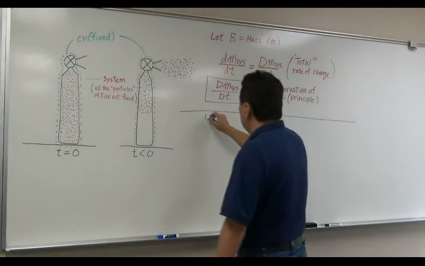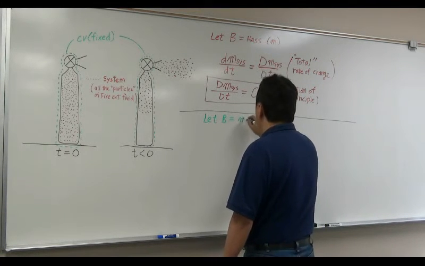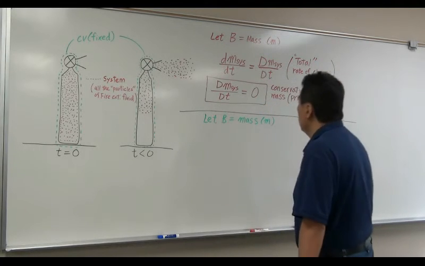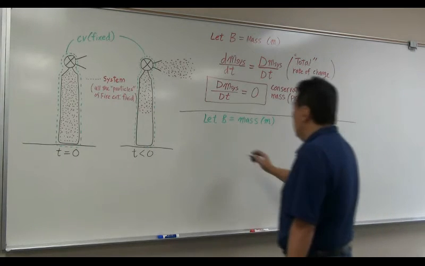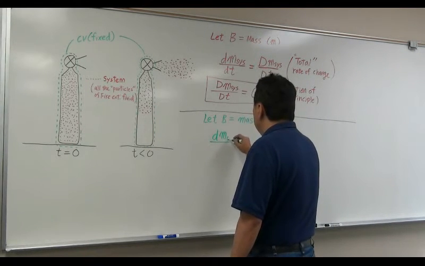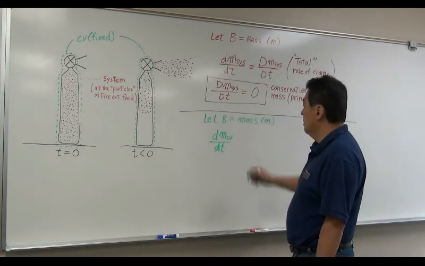So once again, let the V be equal to mass. What I'm interested in is dm_CV/dt. Oh, it's a slightly different meaning here.